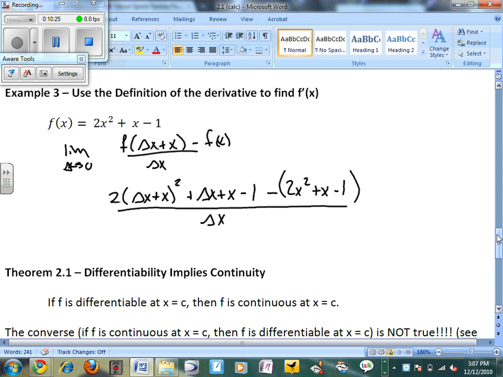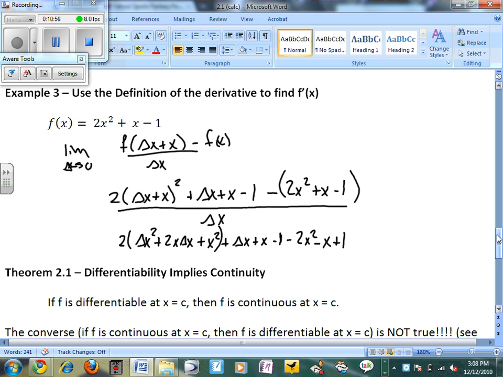So we're going to go ahead and square this out, and I'm going to have 2 times change of x squared plus 2x change of x plus x squared. Nothing changes over here, plus change of x plus x minus 1. I'm going to distribute my negative sign: minus 1 minus 2x squared minus x plus 1.